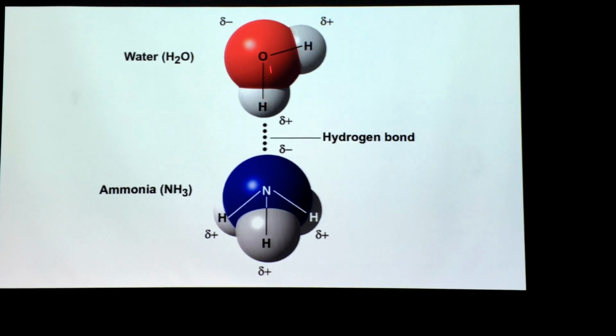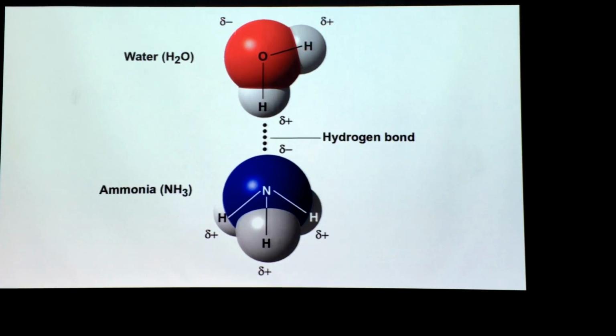However, because polar covalent bonds occur, this oxygen is slightly negative because it's going to pull this hydrogen's electron just ever so slightly closer to this oxygen, making it a little bit partially negative and making these hydrogens partially positive.